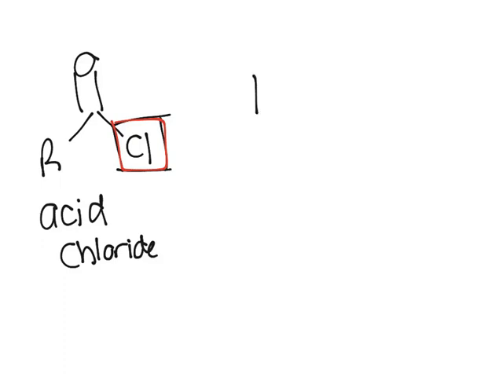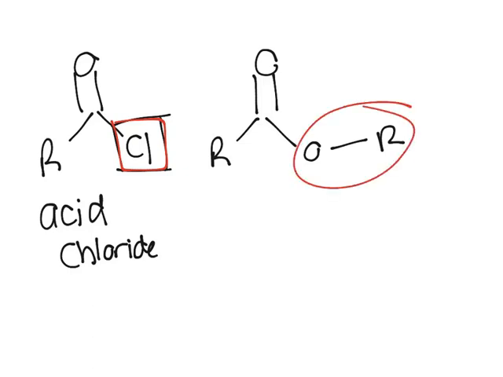And what if we replace that with an O and then another R? Some people might get this mixed up with an ether, but remember the carbon here is a carbonyl, so if that occurs, that's an ester, not an ether. And once again, the R's could be different.